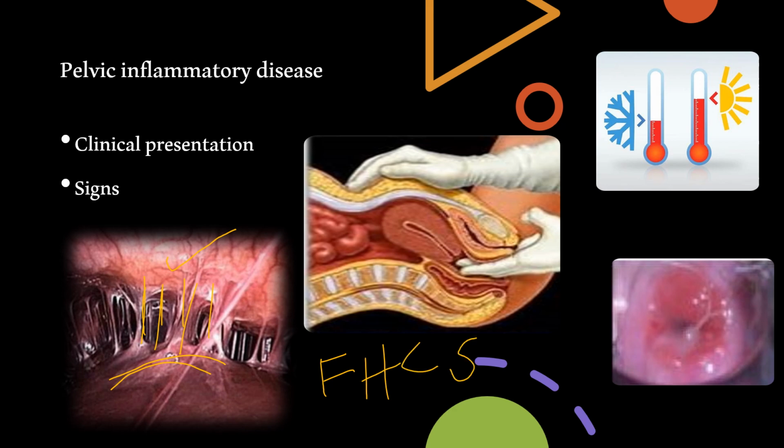Whenever inflammation is so high that it spreads outside the genital tract and involves the undersurface of the diaphragm along with the liver, it is termed Fitz-Hugh-Curtis syndrome, and the patient usually presents with right upper quadrant pain which is tender as well on examination.